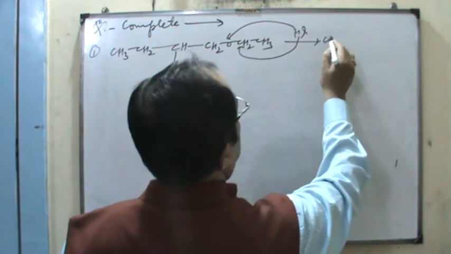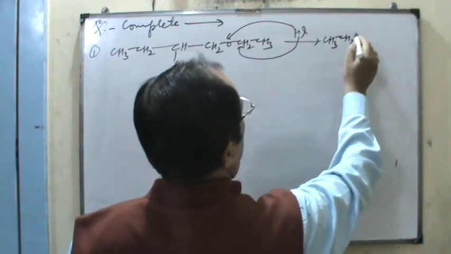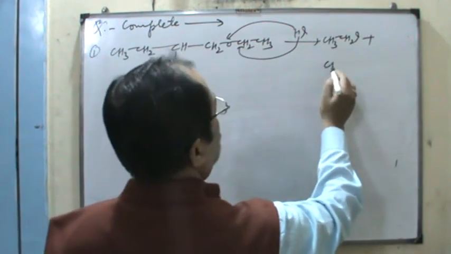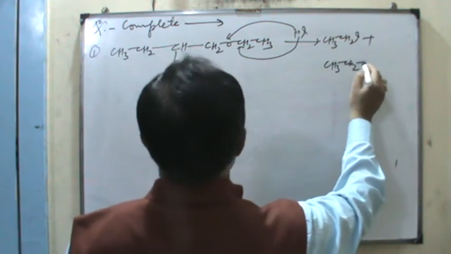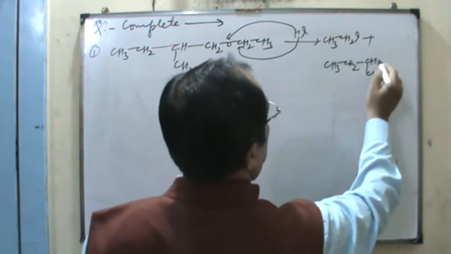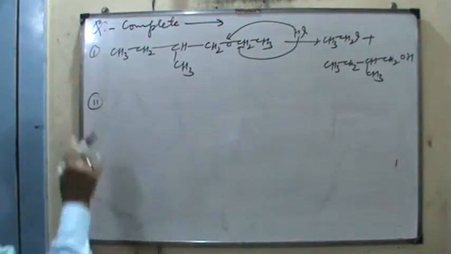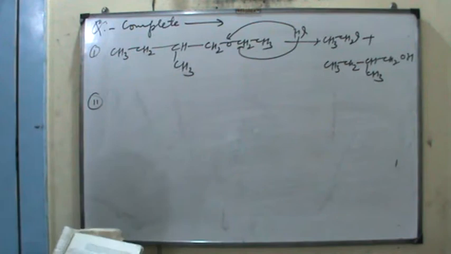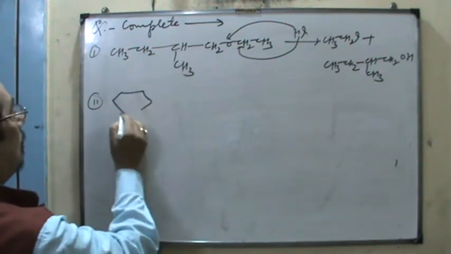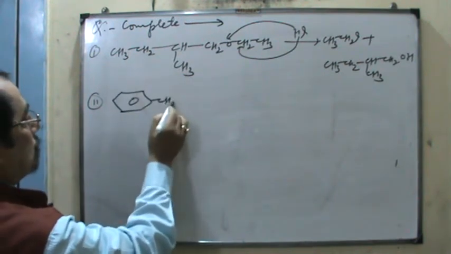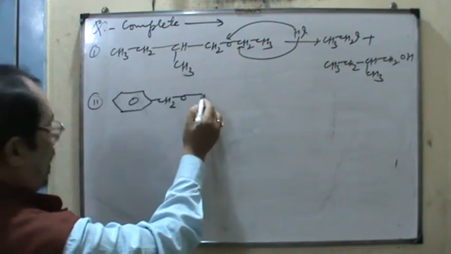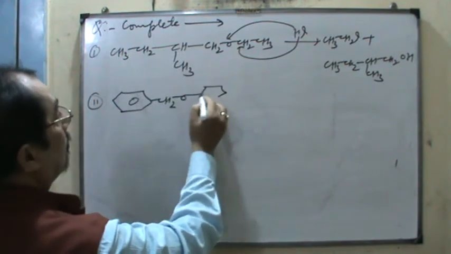Then it forms CH3CH2I plus CH3CH2CH(CH3)CH2, and what is that? OH. Question number 2 is benzyl CH2O phenyl ether.